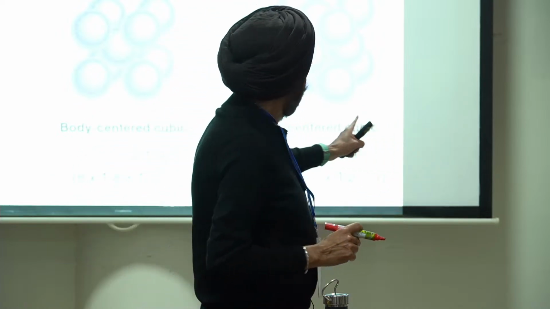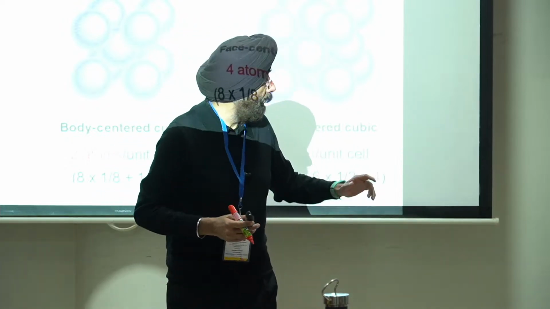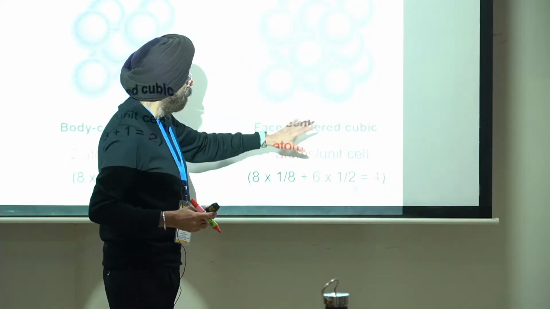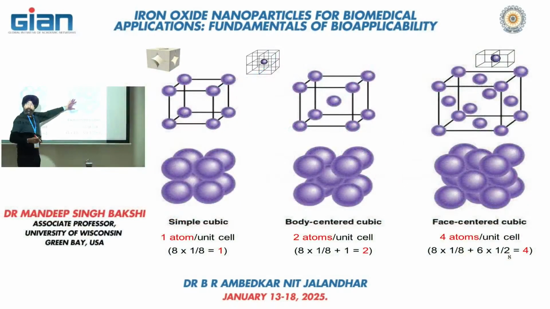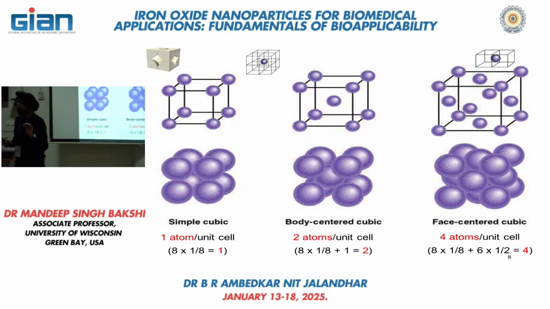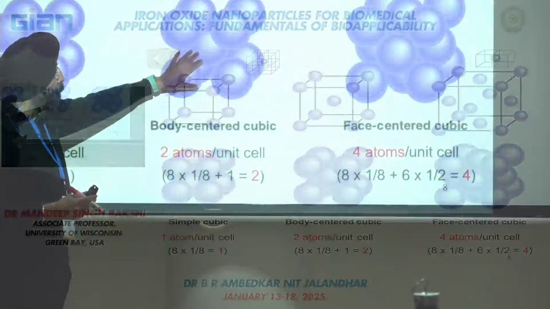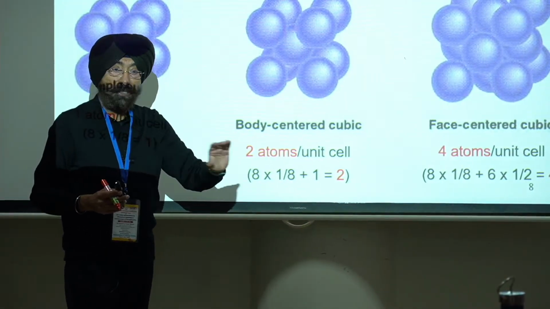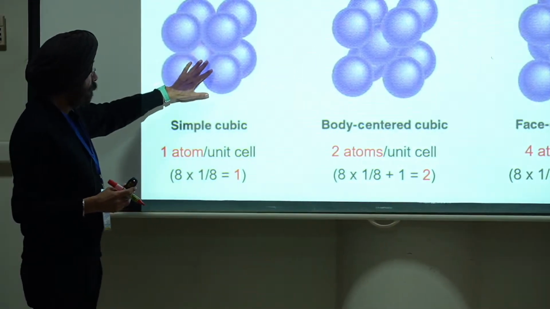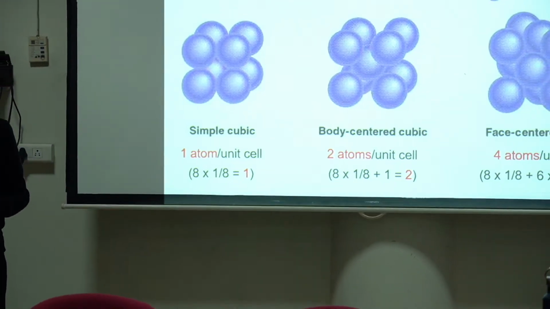So among these three, the face-centered cubic unit cell has the maximum compact arrangement, and there are practically negligible interstitial spaces. For the body-centered cube, there are still interstitial spaces, whereas in the case of the simple cube, there are plenty of interstitial spaces. So in this way, we can differentiate.